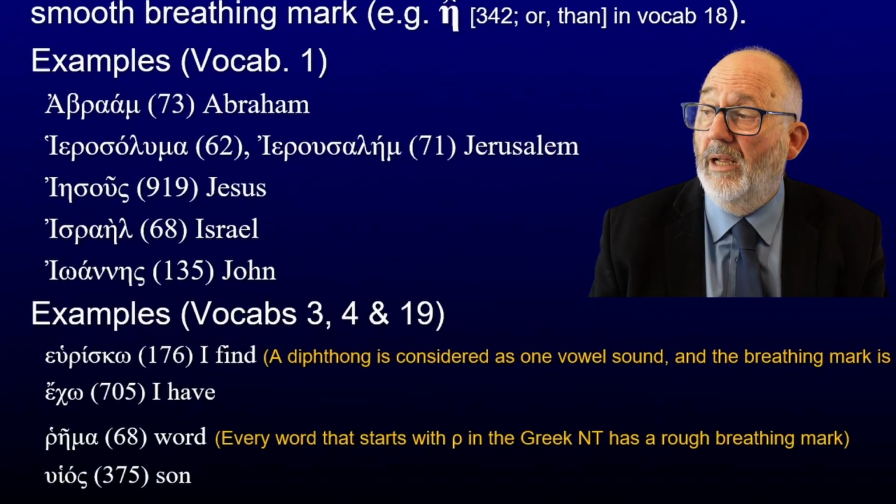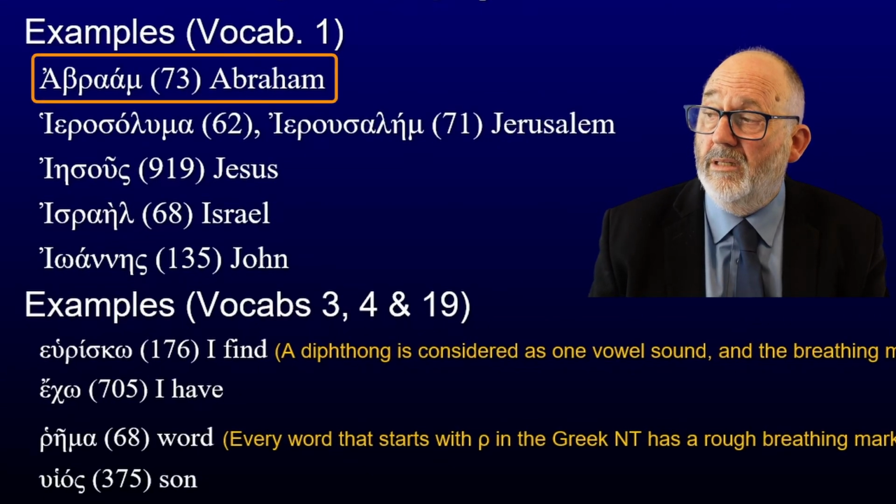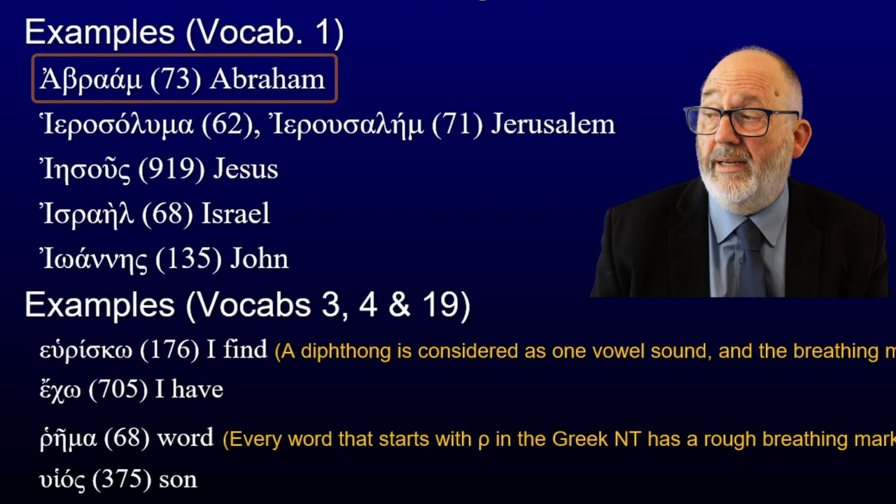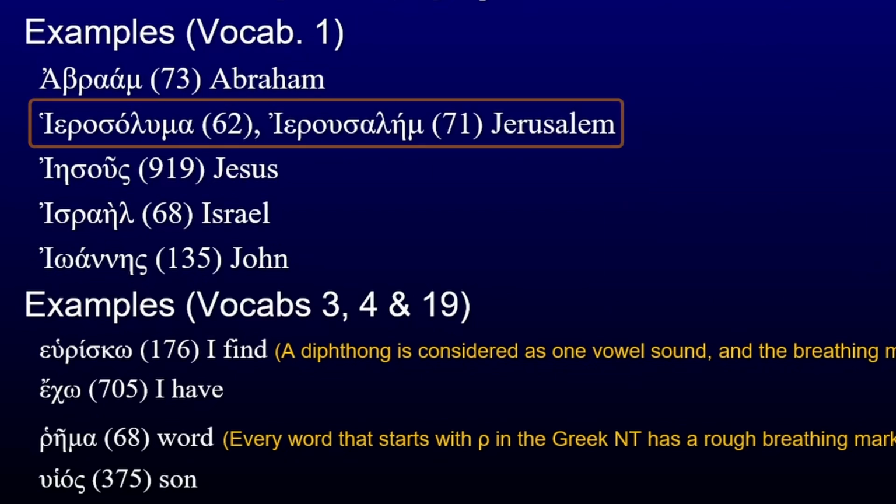For example, Abraham starts with a smooth breathing mark. It's on a capital letter and you will see it's written right next to it. Now, there are two different ways that Jerusalem is spelled in the New Testament, and you can see that they are used about equally often. One starts with a rough breathing mark and one starts with a smooth breathing mark.